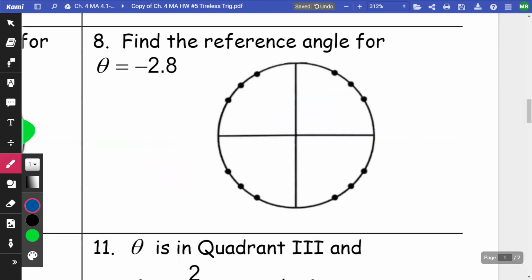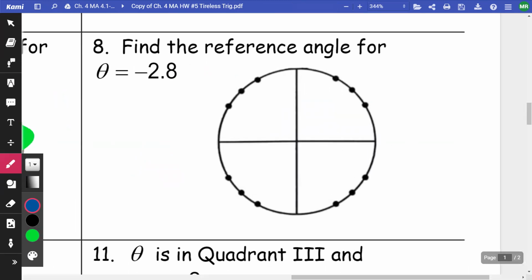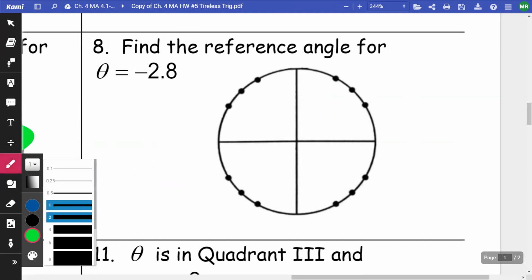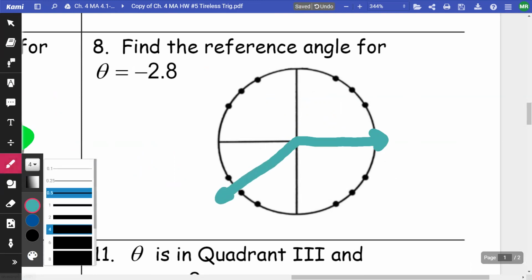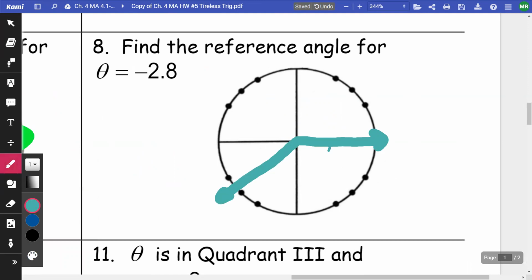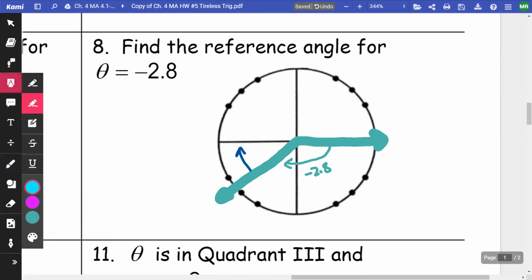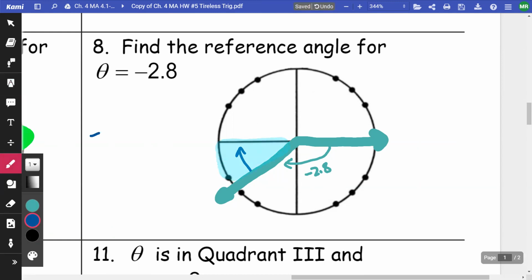On 8, this is in radians. This is negative. So if I'm drawing this out, I'm starting here. I'm going negative 2.8, which is going to be in this quadrant. So we're going this way, which is a negative 2.8 radians. And again, I want to figure out the rest of this to here. So going to there would be pi.